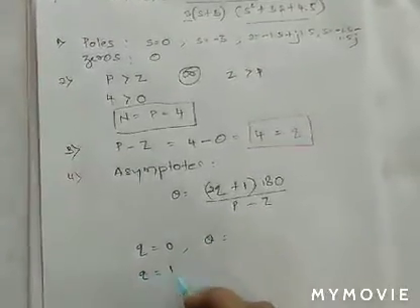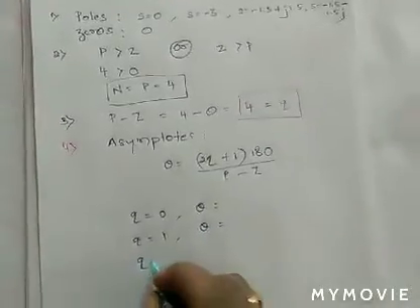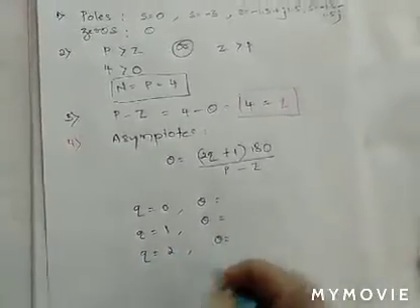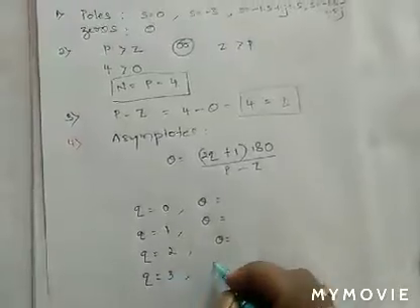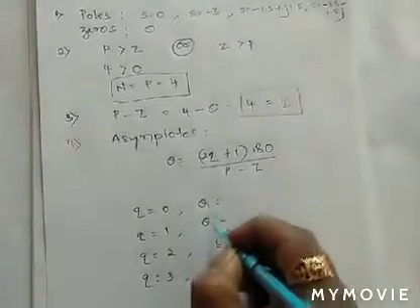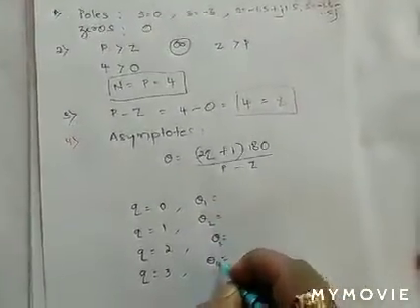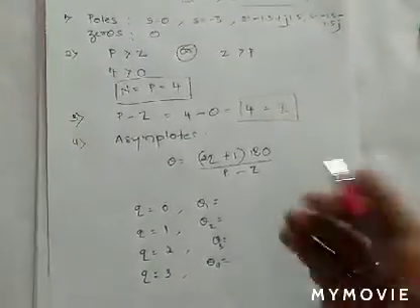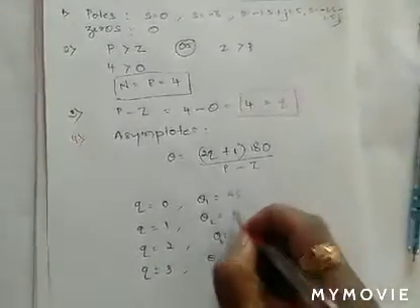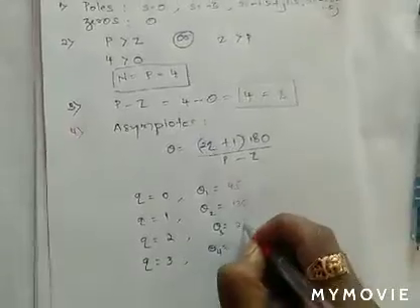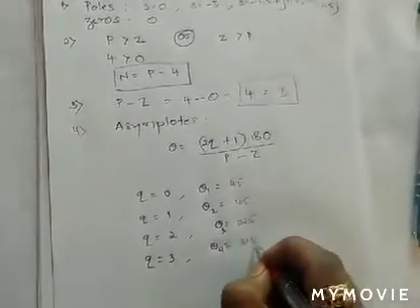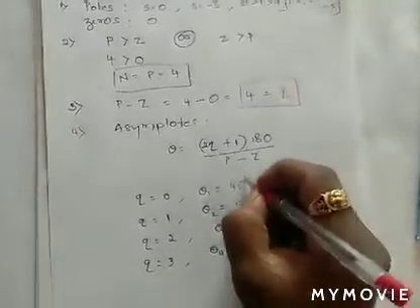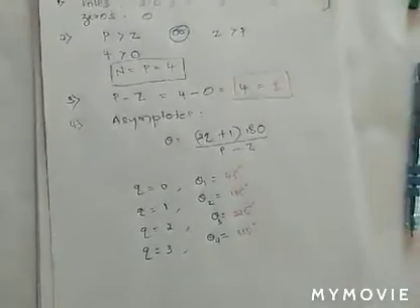For q equals 1, what is theta? For q equals 2? For q equals 3? I will mention these as theta 1, theta 2, theta 3 and theta 4. So you will get 45, 135, 225, 315. Theta is in terms of degrees.